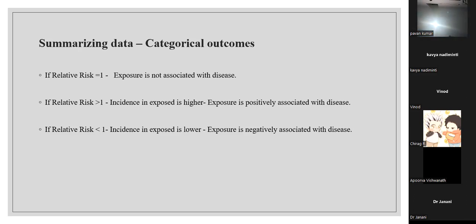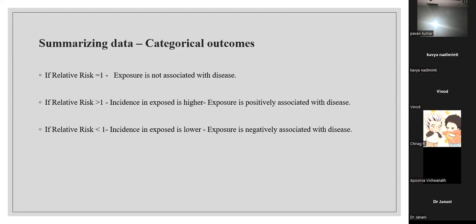Like if you give some particular vitamins or iron, the percentage of anemic patients in that group will be less than in the unexposed. That means it is a better thing, because that intervention has a salutary effect on the disease.